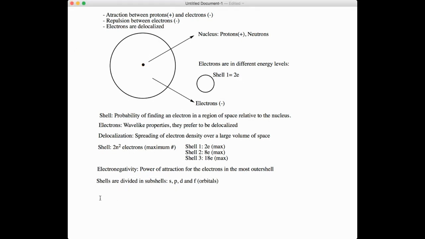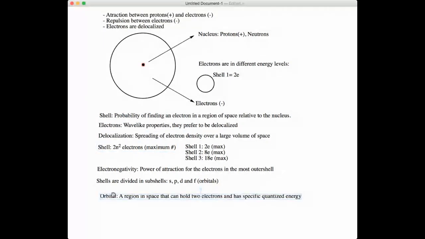Let's define what is an orbital. That's another very important concept in chemistry. So we can define an orbital as a region in space that can hold two electrons, and it does have specific quantized energy.